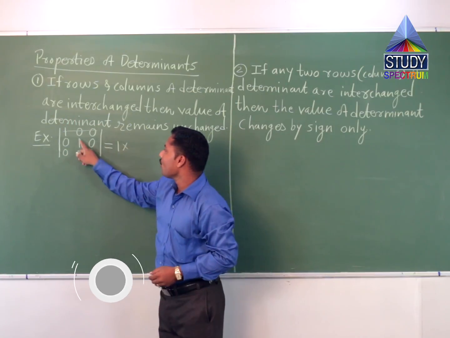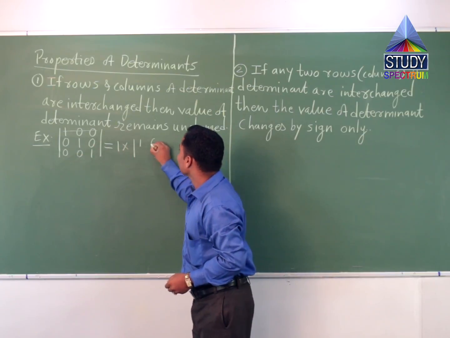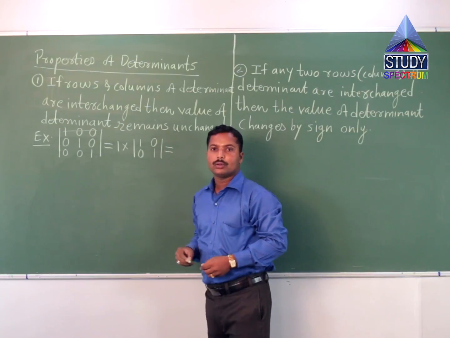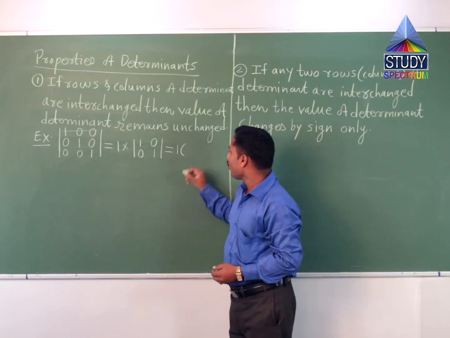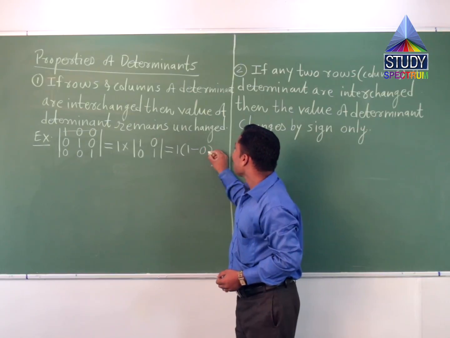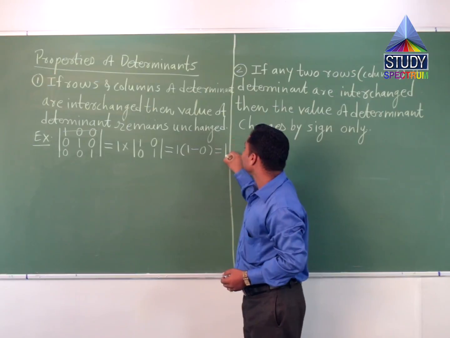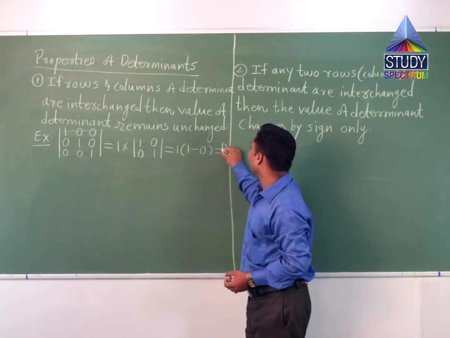So we get 1 0, 0 1, equal to 1 into bracket 1 into 1 minus 0 into 0, which is 1. So the value of this determinant is 1.